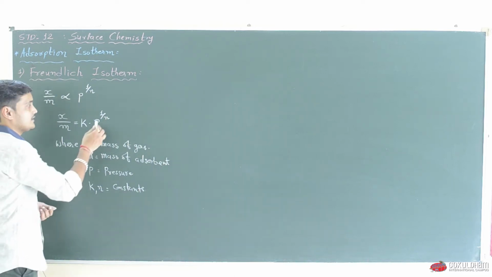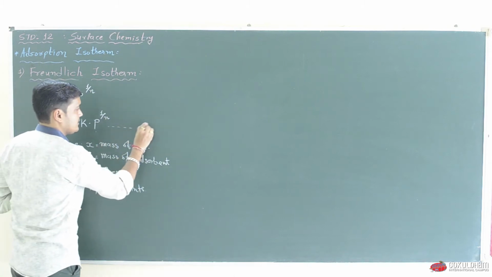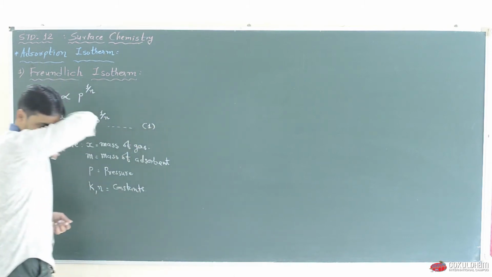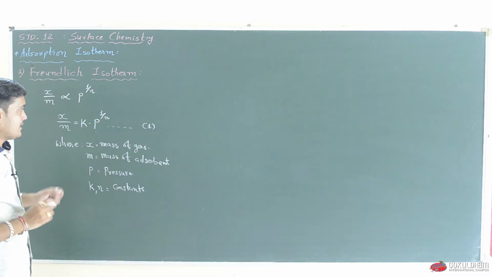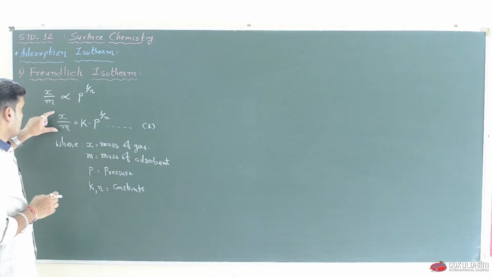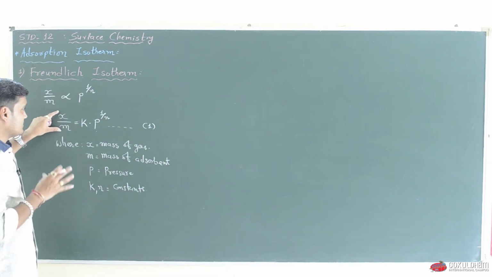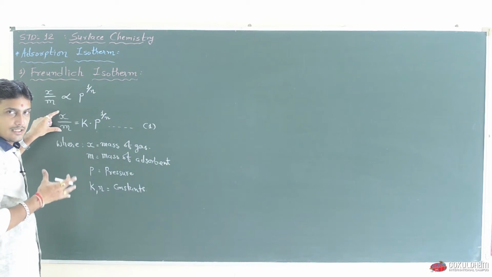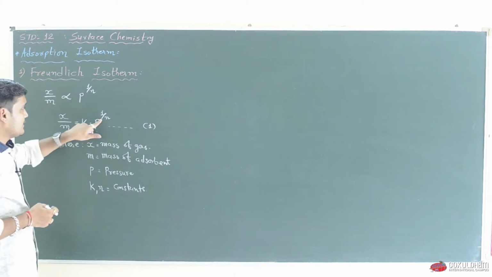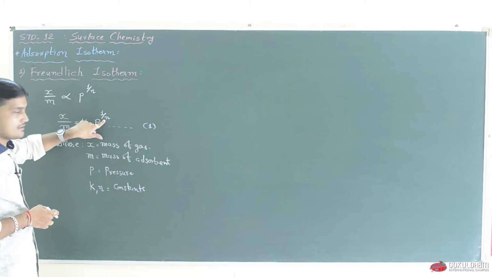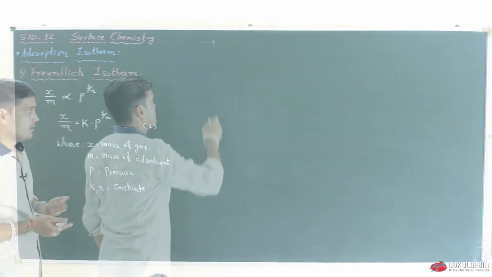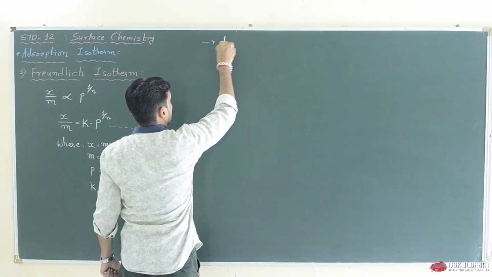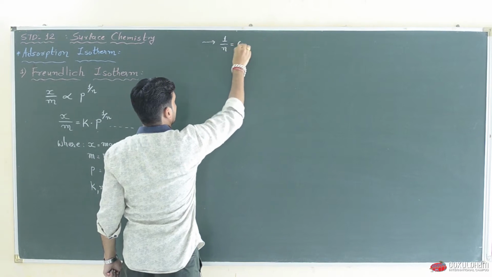Suppose this is our equation number 1. Now what should we do? This x by m is generally called the quantity of adsorption, and this 1 by n has two variations. First possibility: 1 by n is equal to 0.